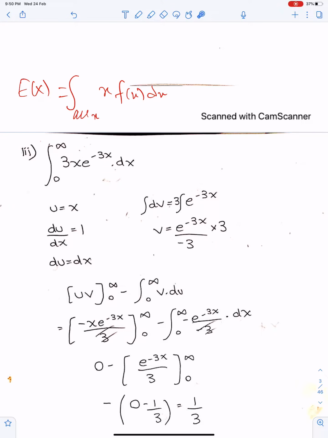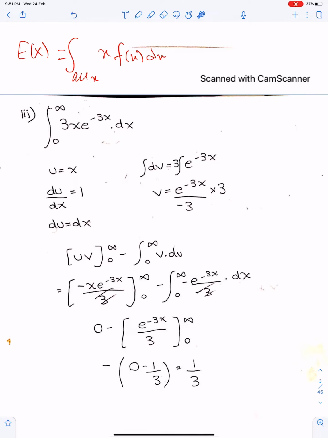It's your choice. The better thing is just take x as u and take the rest as dv. And you all know we always differentiate u to get du and we always integrate dv to get v.